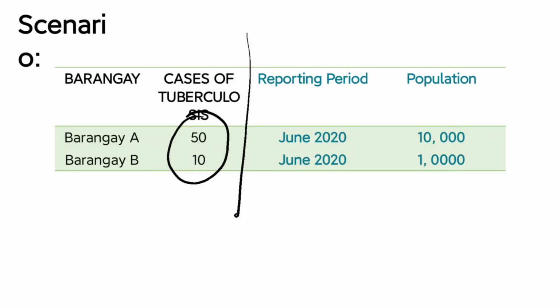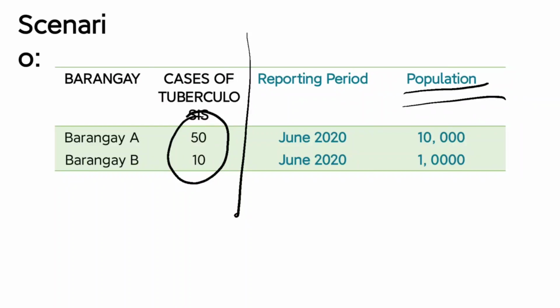To effectively investigate distribution and determinants of disease, number 1, kailangan mo ng size of population from which the affected individuals were derived. Importante yung size of population wherein nangyari yung disease occurrence mo, or yung tinatawag nating population at risk.